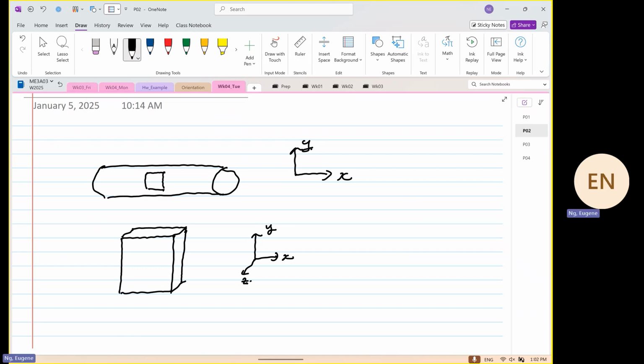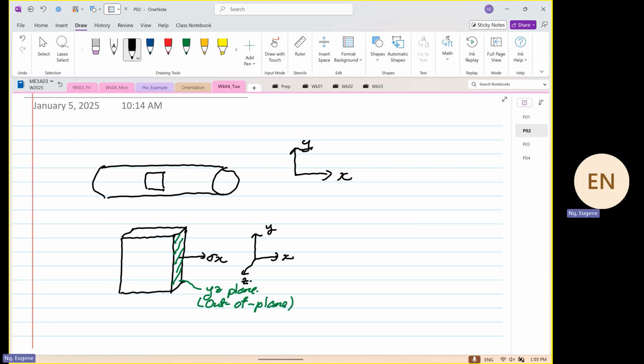And this is our Z. Fracture will occur on this surface over here. And this surface is your YZ plane.